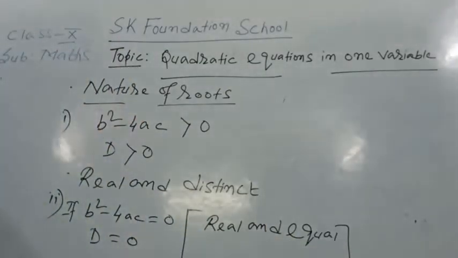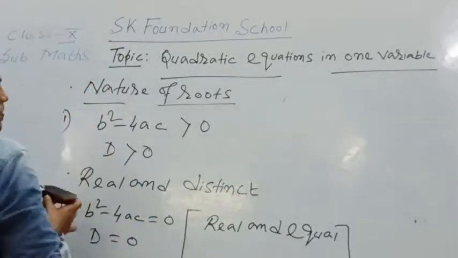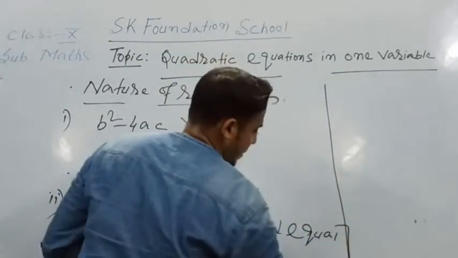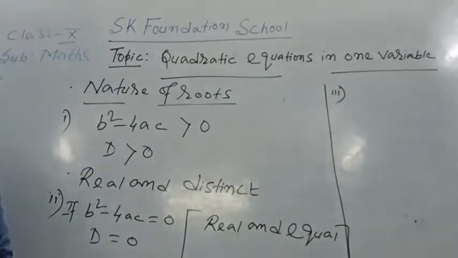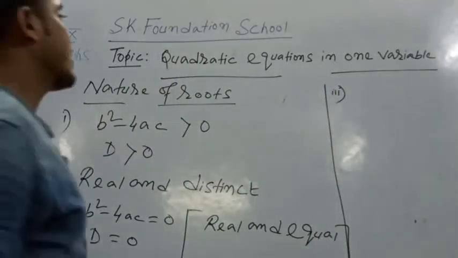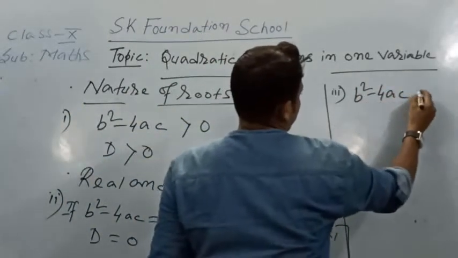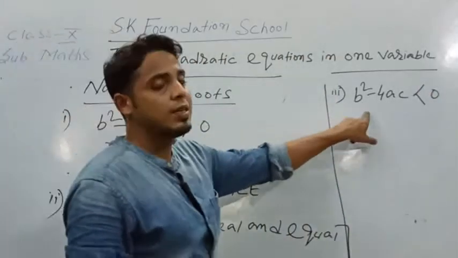Now the third condition, condition number 3. If b square minus 4ac is less than 0. The earlier one was greater than 0, and this one is less than 0.